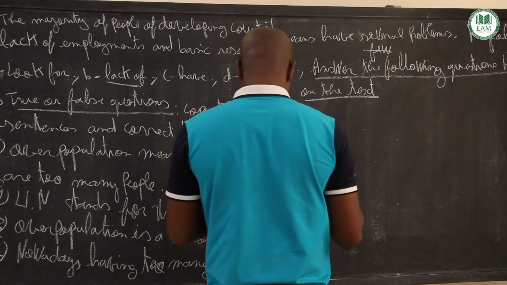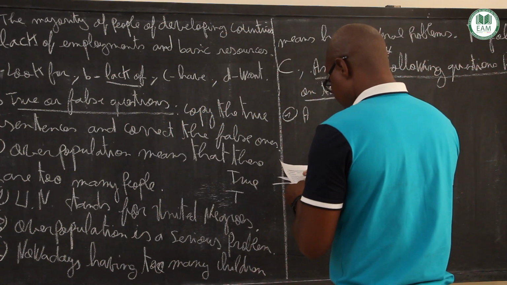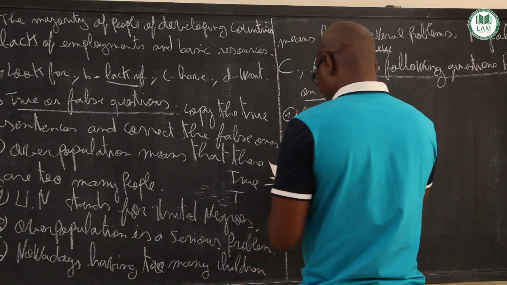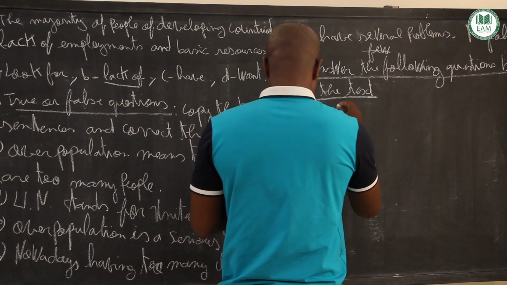If you try to see in the text, let's go. We have the second paragraph, in 4 lines, as consequences.